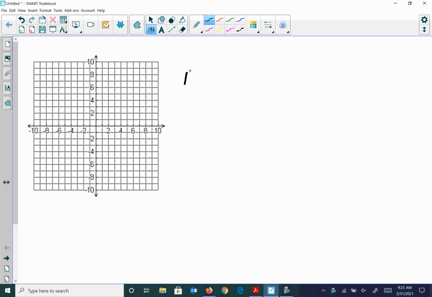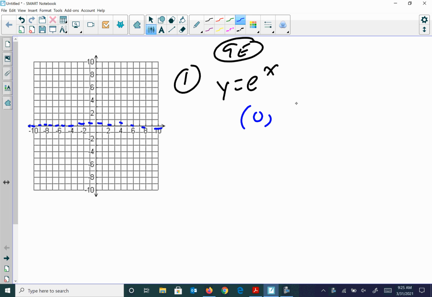So the very first problem on our worksheet, this is from 9E by the way, we have y equals e to the x. So the first thing we have to realize is we have an asymptote at 0. And then remember, you're going to plug 0 in, you get e to the 0 is 1.